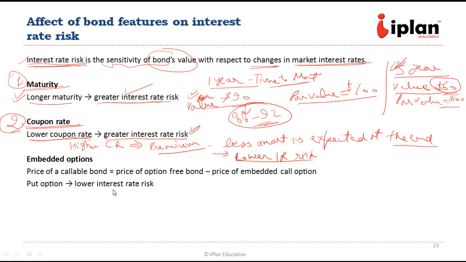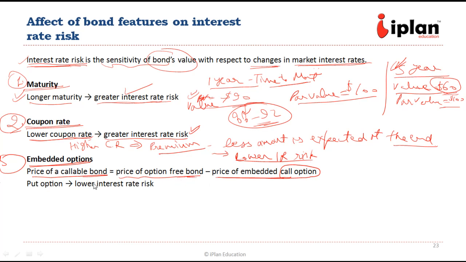Now let us look at the third factor, which is embedded options. So we have already seen the relationship. The price of a callable bond is going to be less than the option free bond, and the difference is the value of this call option. We know since the borrower is going to have this option, for an investor the value will be lower.